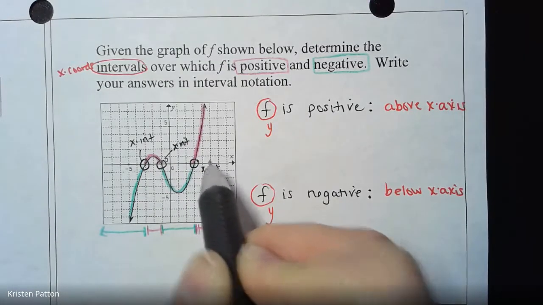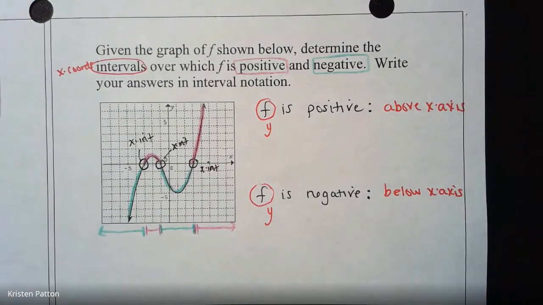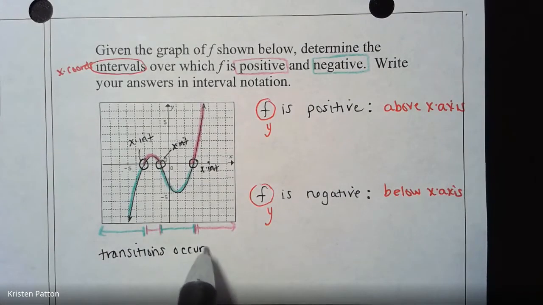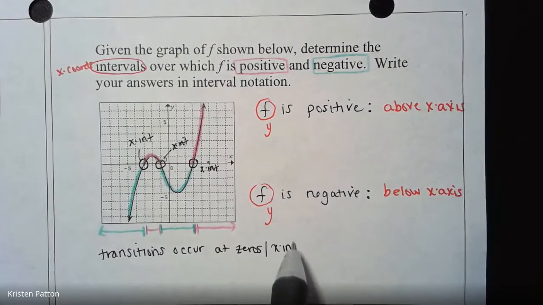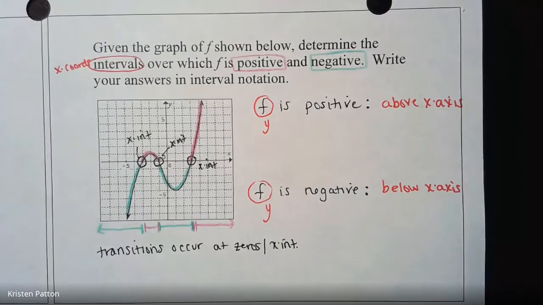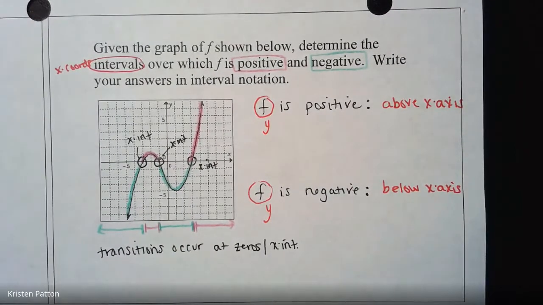That's my x-intercept. So the other day, transition points for us were maxes and mins when we were talking about increasing and decreasing. Well, today, our transitions occur at the zeros, or we know those are also the x-intercepts. So for us, x-intercepts are going to be important information.